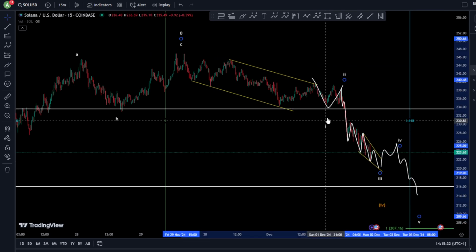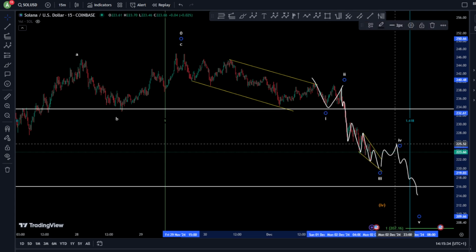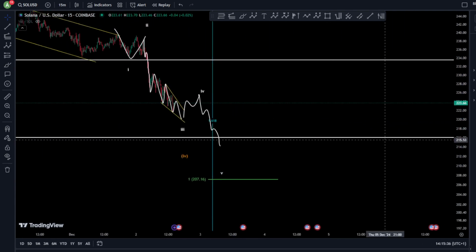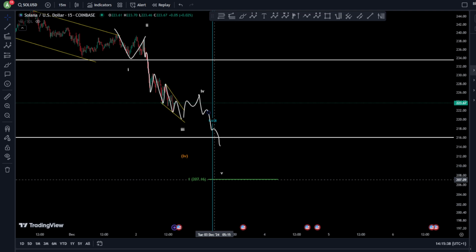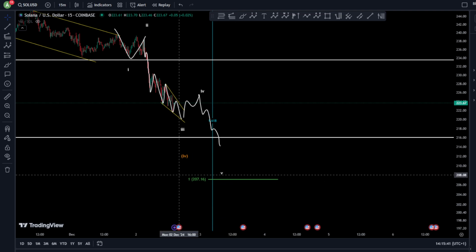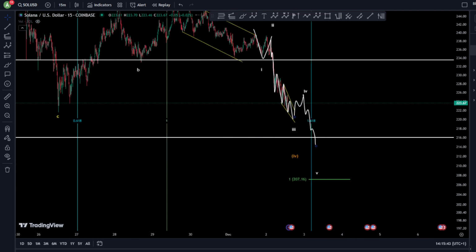And that will make it 1, 2, 3, 4, and a 5, hitting around the 0.38 fib level. If we get a very strong sell trend, we might reach the $207 with the 1-to-1 fib level for this correction.